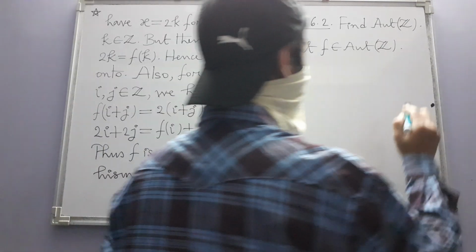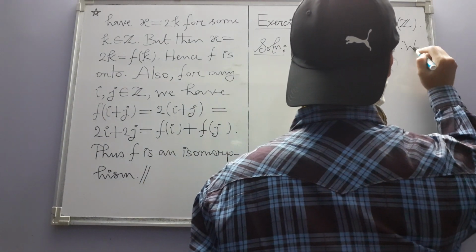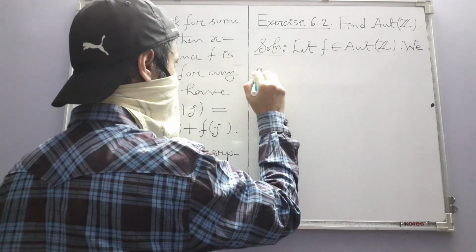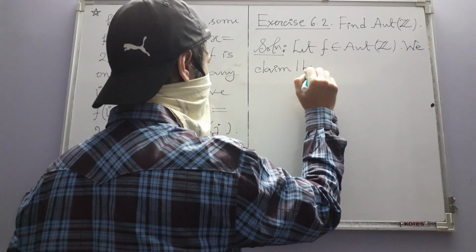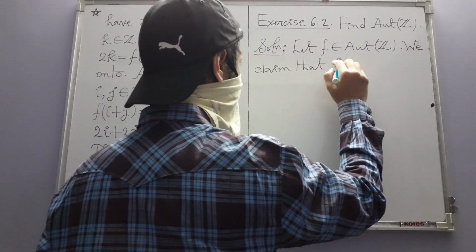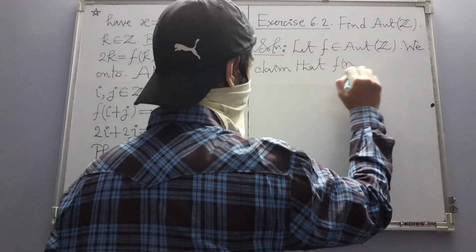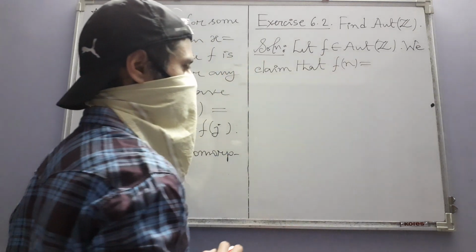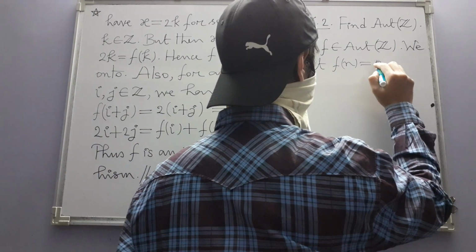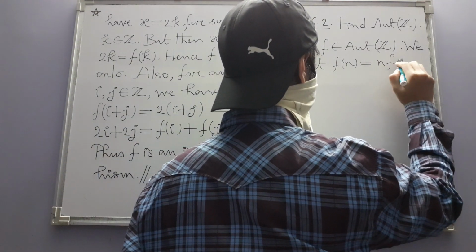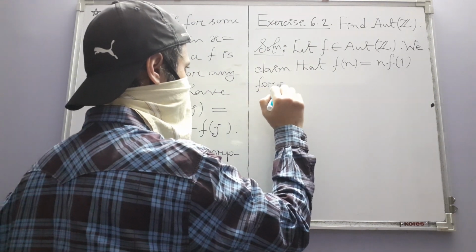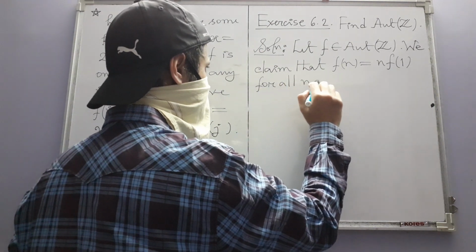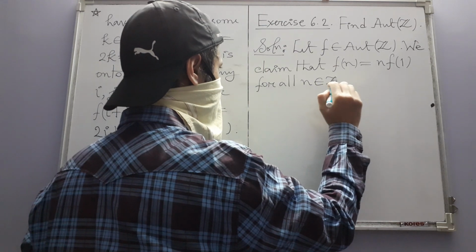We claim that f of n is equal to n times f of 1 for all integers n.